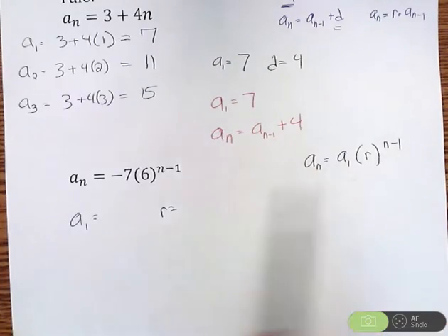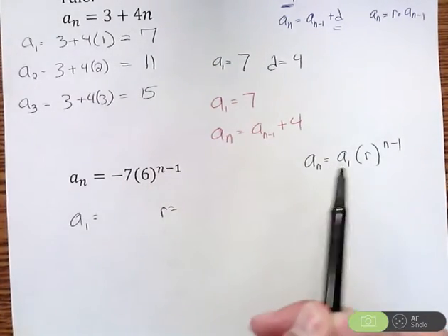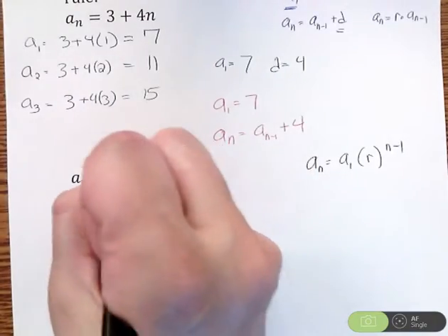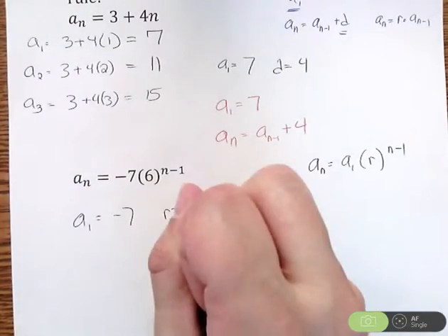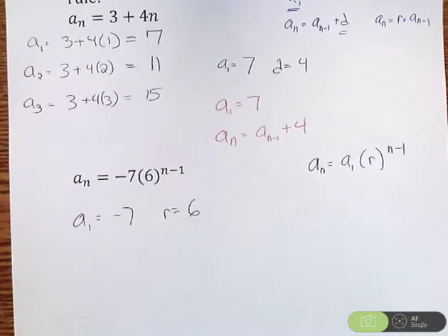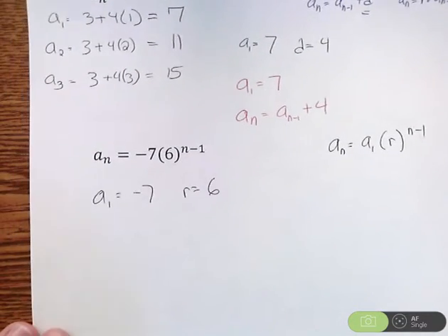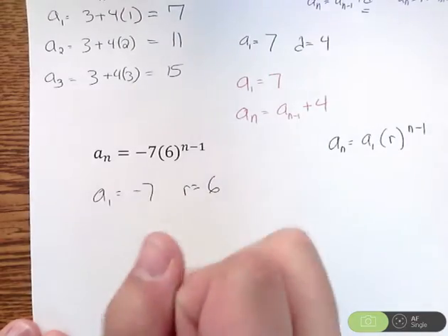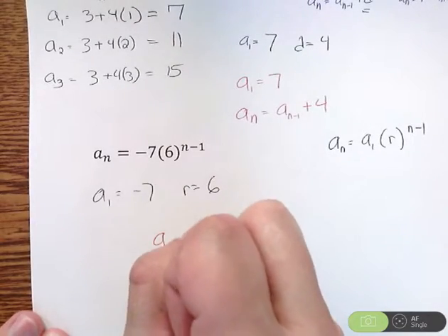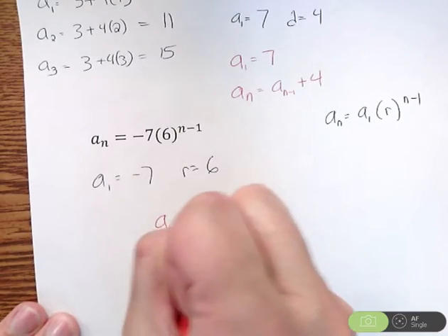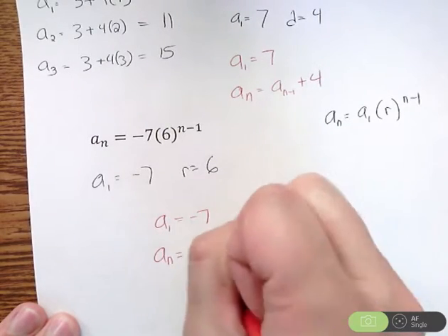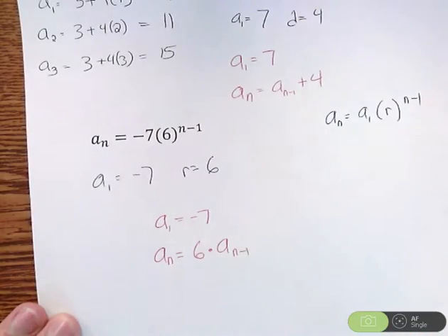This form is almost exactly the same, where A1 represents negative 7 and r is 6. So for my recursive rule, A1 equals negative 7, and An equals 6 times A sub n minus 1. That would be my recursive rule.